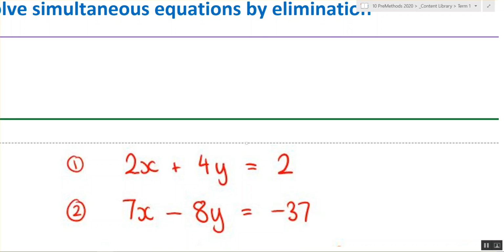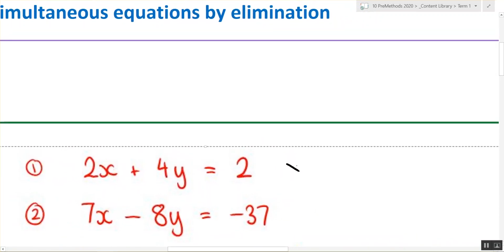No, so I can't do that. If I multiply one of them by something, so multiply 1 by, say, 2, and then add them together, will I eliminate a variable? Yes.